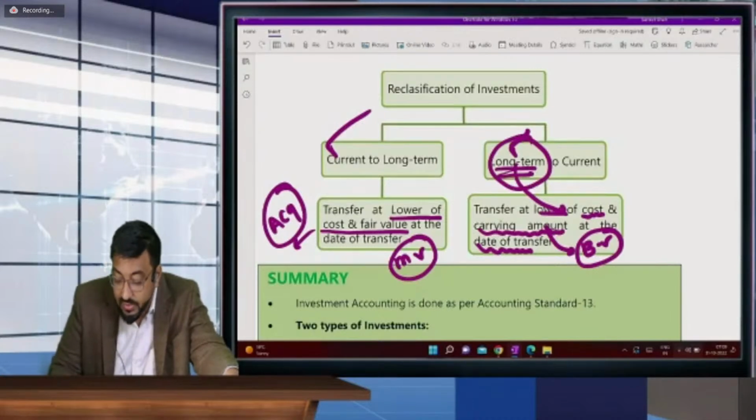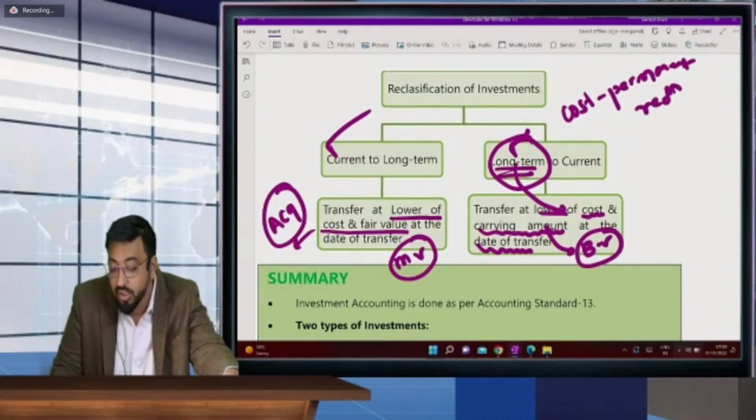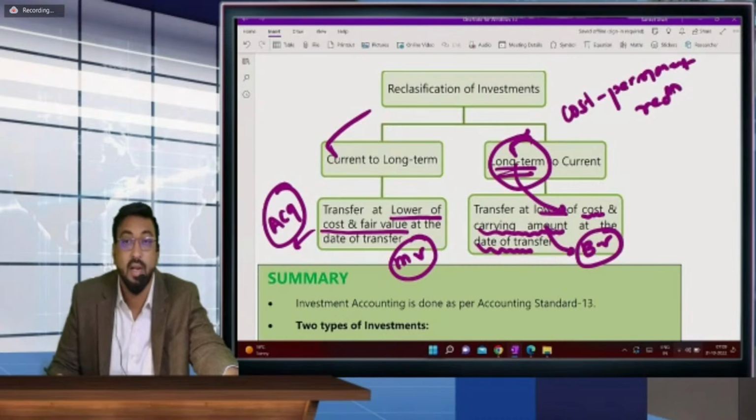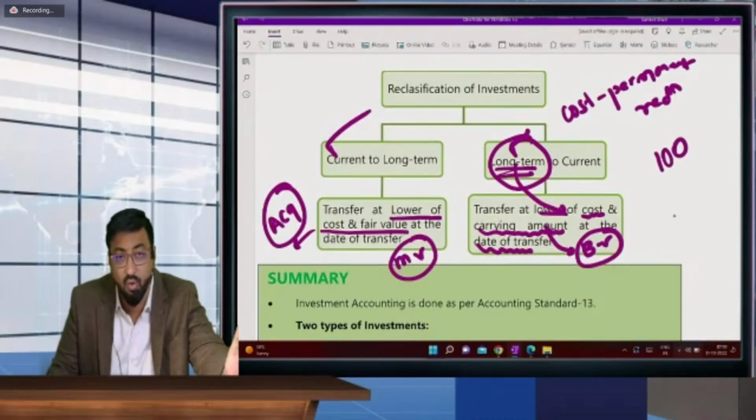Normally long term is recorded at cost minus permanent reduction. Permanent reduction means now you are aware that the investment is not going to recover. Suppose I bought one share at 100 rupees, and now I know that share value is never going to increase beyond 30 rupees. So I reduce it to 30.